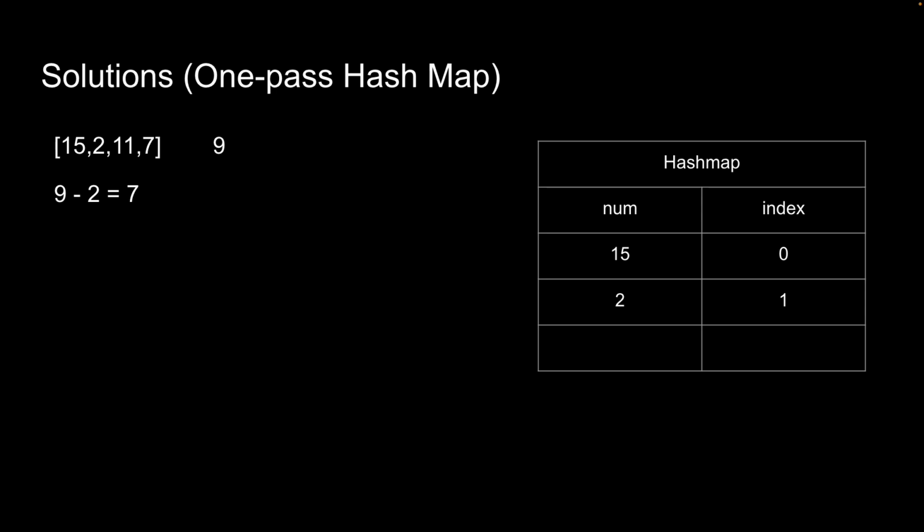The next number is 11, and we got minus 2, but we don't have it. So let's also add it to our hash map. The next number is 7, and we got 2. We can see that we have it in our hash map and the indices are 1 and 3. Now let's go to the coding part.